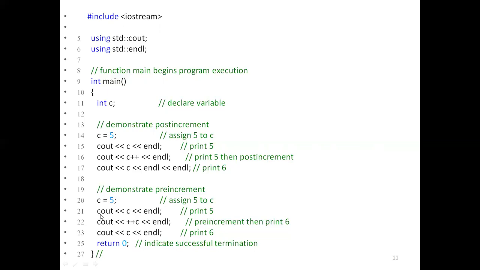If we demonstrate pre-increment, we assign 5 first, and of course first it prints out 5. After that you try the pre-increment operation, ++c. It will not print out 5 but 6.